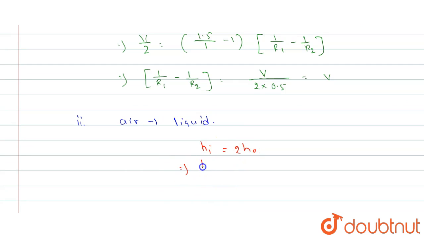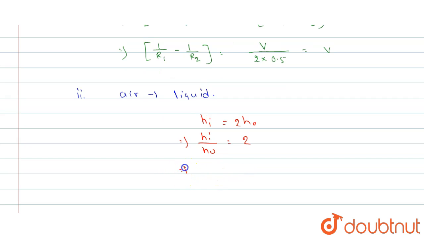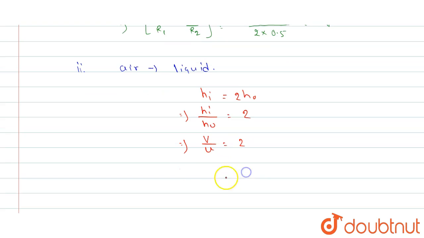That implies HI divided by HO is equal to 2. That implies we can again write V divided by U is equal to 2, so U can be written as V divided by 2.